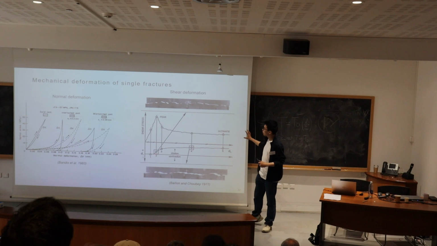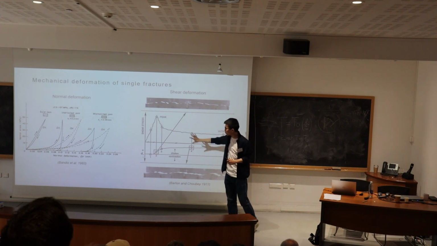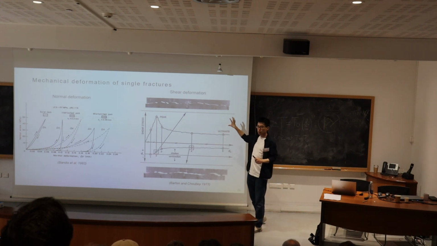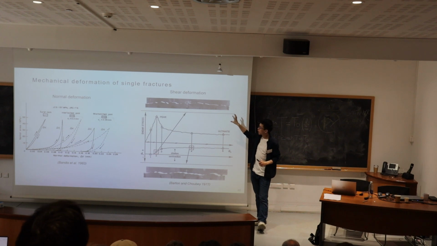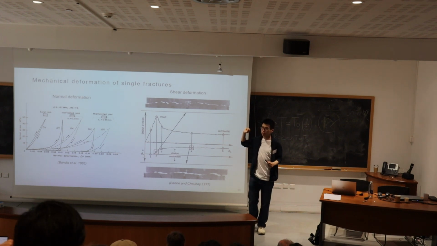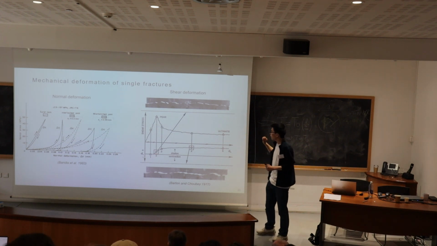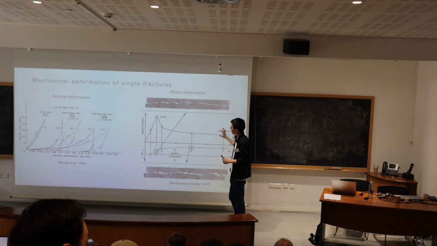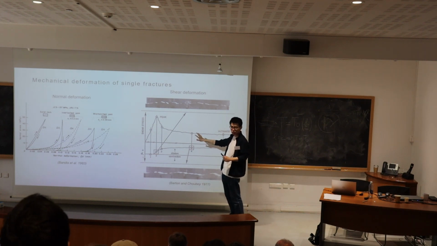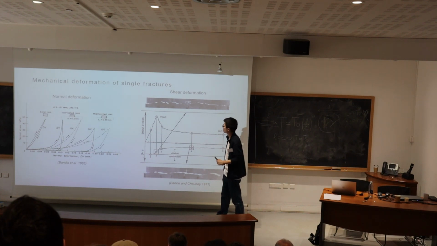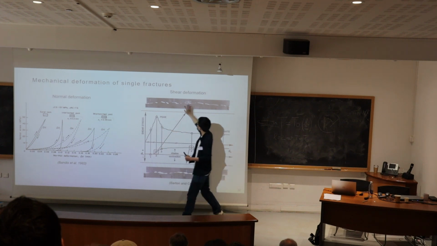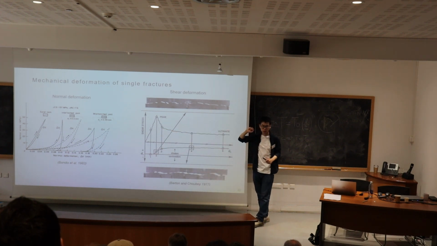A lot of research has been done about the behavior, especially the mechanical behavior, of single fractures in the rock mechanics community. Here are classical figures derived from experiments about the normal deformation and shear deformation of fractures.